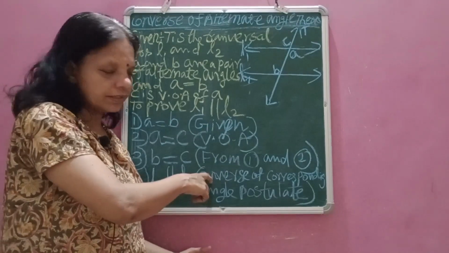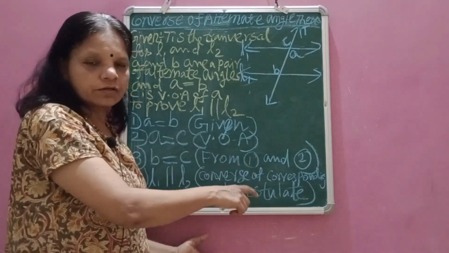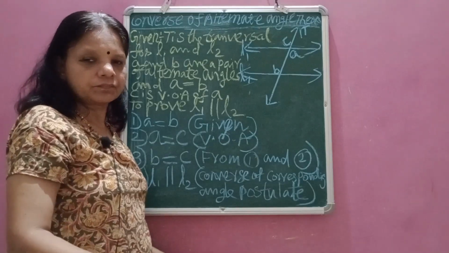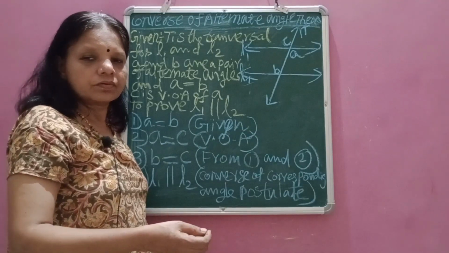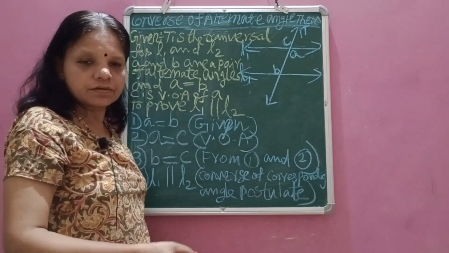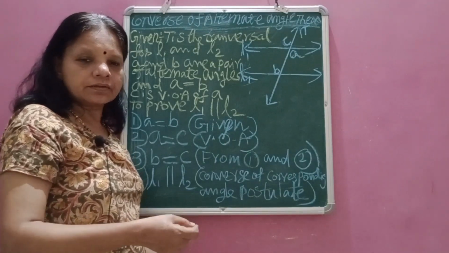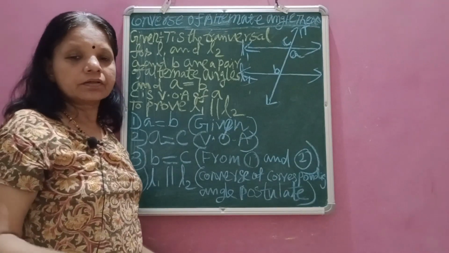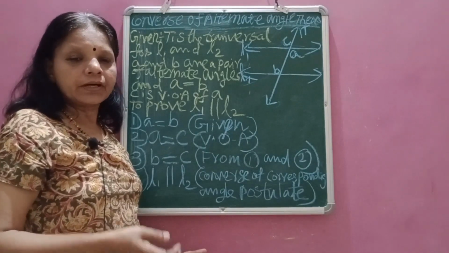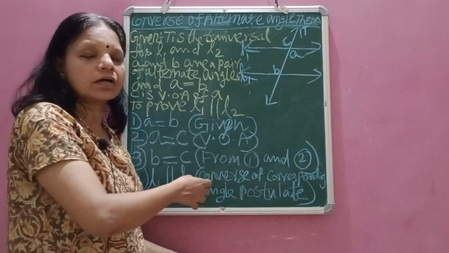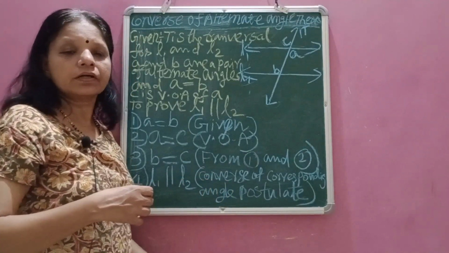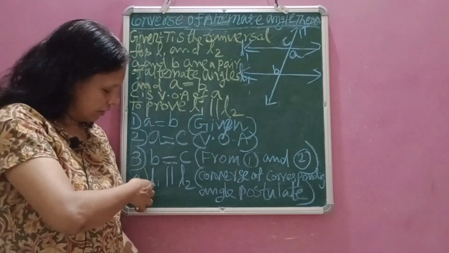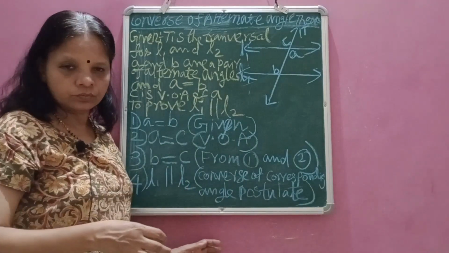So what reason will you write? Converse of the corresponding angle postulate. What is the converse? If a transversal intersects two lines and if a pair of corresponding angles are congruent, then the lines are parallel. That is the converse of the corresponding angle postulate. So by that postulate, L1 is parallel to L2.